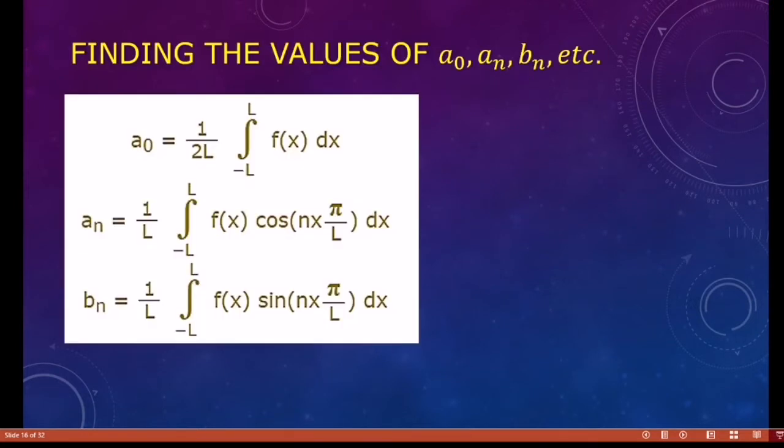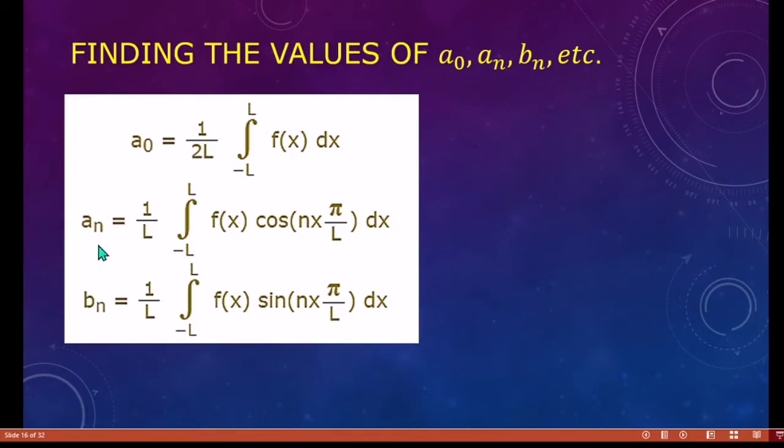Now, before we can have the equation, let's find first the values of a sub 0, a sub n, and b sub n. And how do we get that? We have this formula. So, a sub 0 equals 1 over 2L times the integral of f of x dx from negative L to L. So, this time, 2L siya, it means yung one whole period.